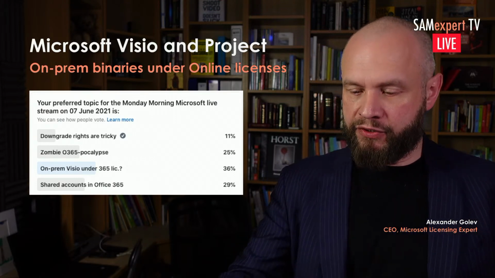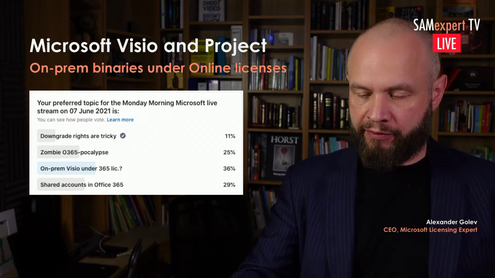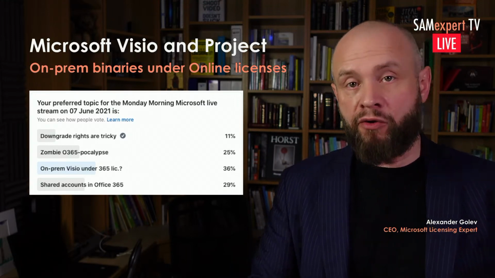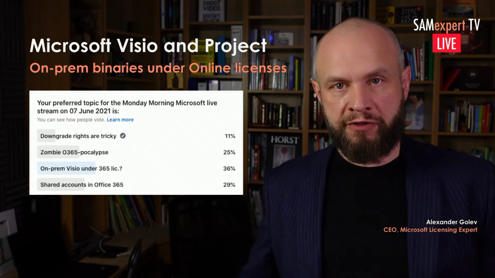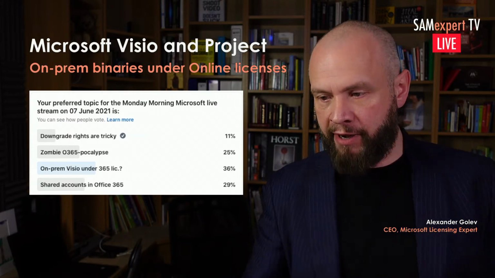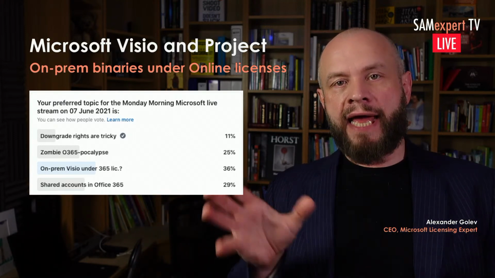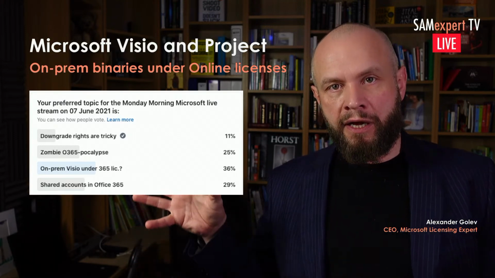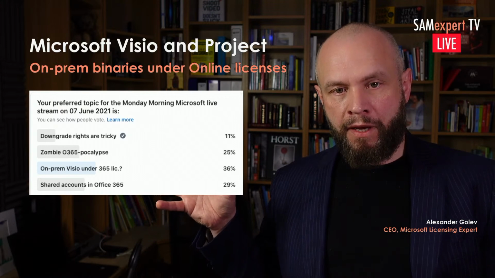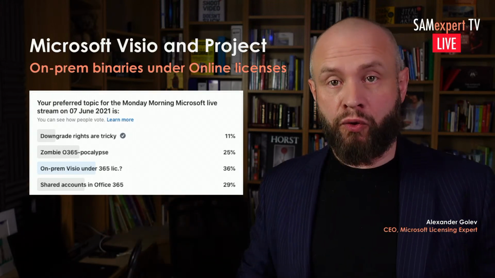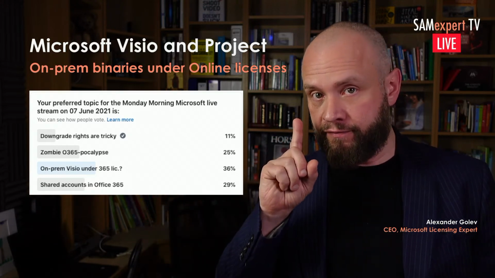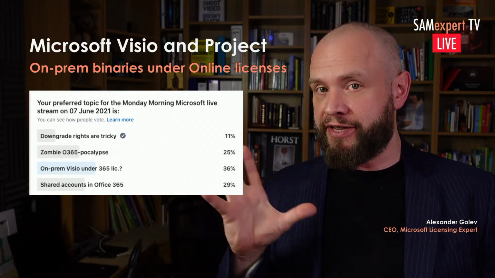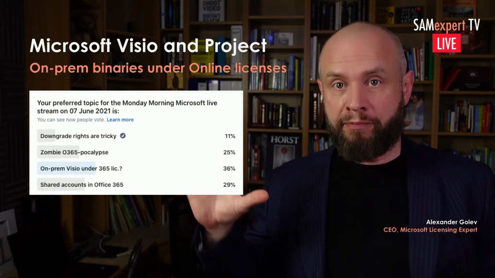Let's get to that. So it's not that simple. By default, you may be aware that that doesn't work with Office 365. So if you have Microsoft Office Standard or Microsoft Office Professional Plus installed on a device or on a terminal server, and terminal servers are a very interesting area, which we will touch upon, please watch until the end.